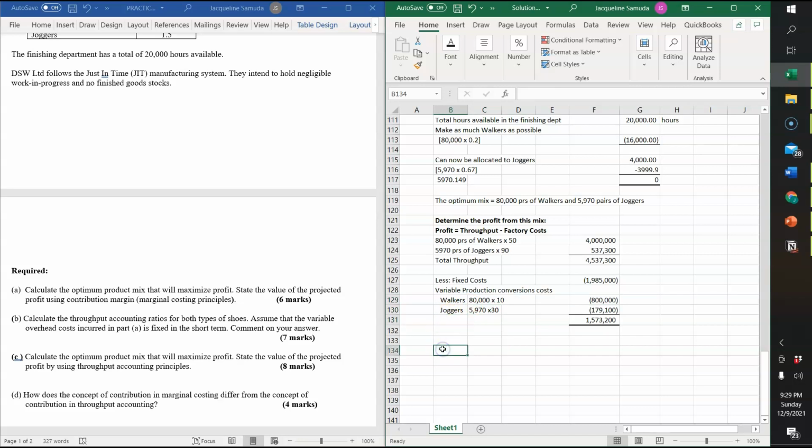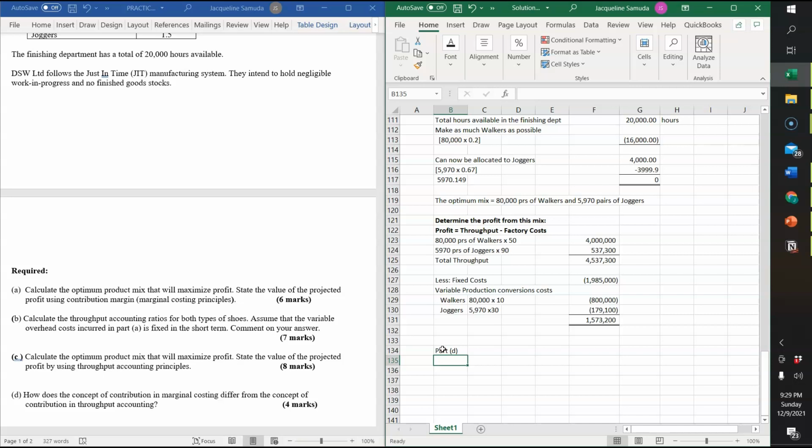And then part D is our discussion section. And I'm reminding the class that you must not ignore the discussion section. And so there's a table in the textbook that lays out quite nicely the comparison between marginal costing and throughput.